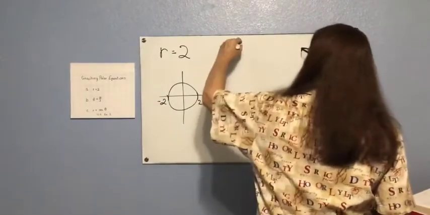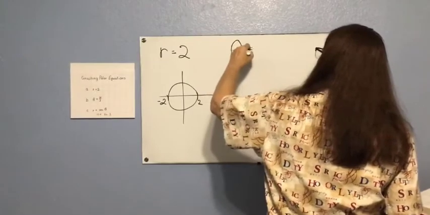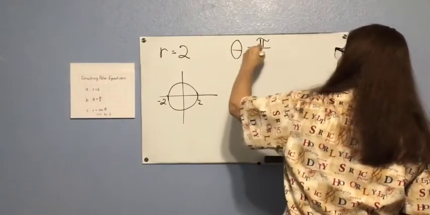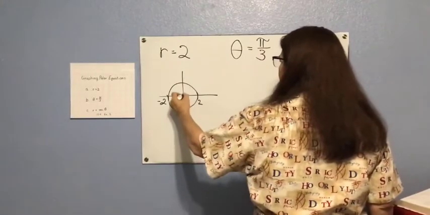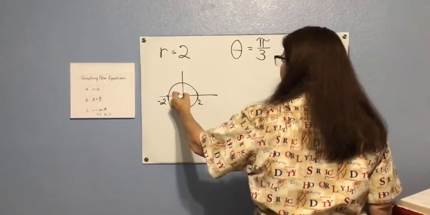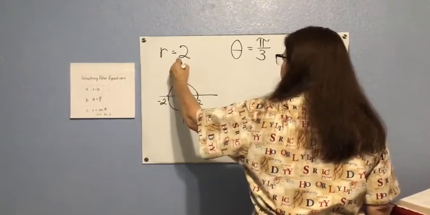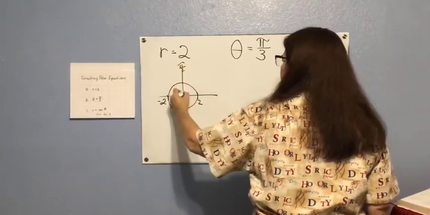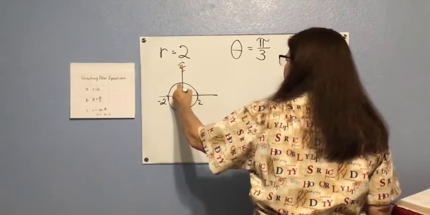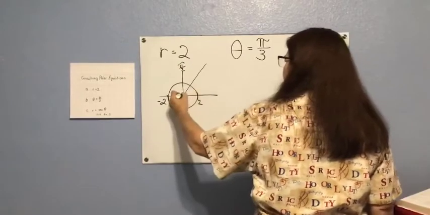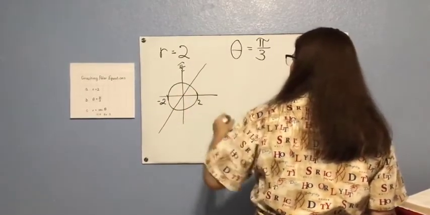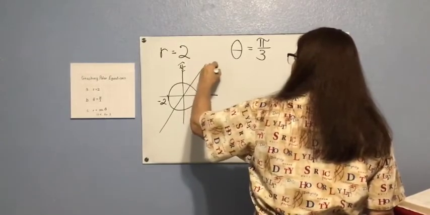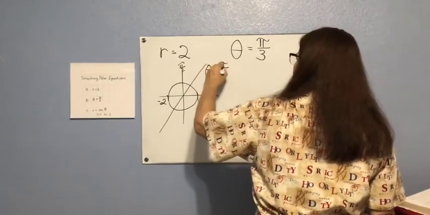How about theta equals pi over 3? On our unit circle, this is pi over 2, so pi over 3 would look like that. But we also draw it down this way. So this is theta equals pi over 3.